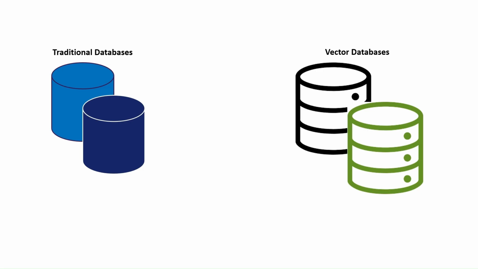Now, if you see the traditional database, you have either RDBMS or NoSQL, and what they can do is store the data and manage the data. When you do a search inside the database, it follows an exact match search operation. That is, it searches the data very perfectly.